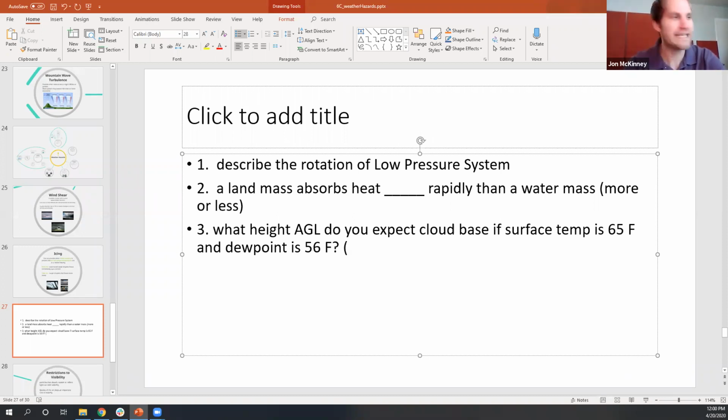And I'm gonna give you a hint. Use a lapse rate of 4.4 Fahrenheit per 1,000 feet.